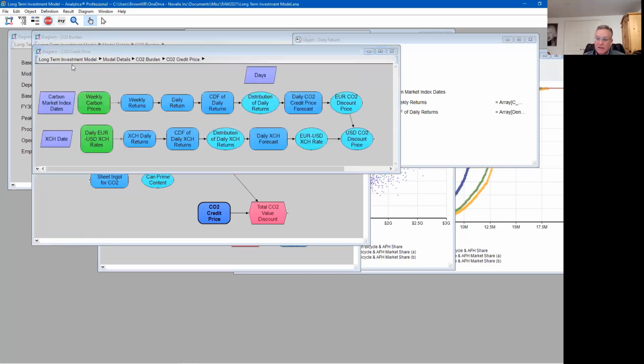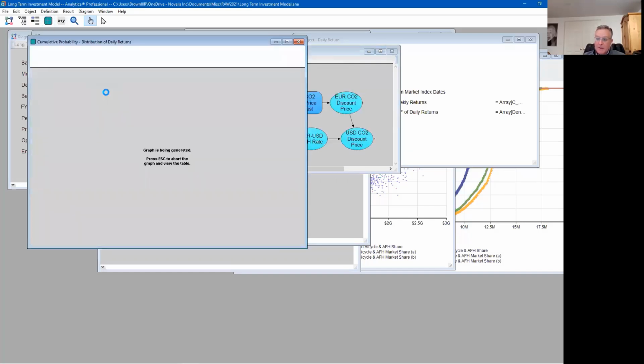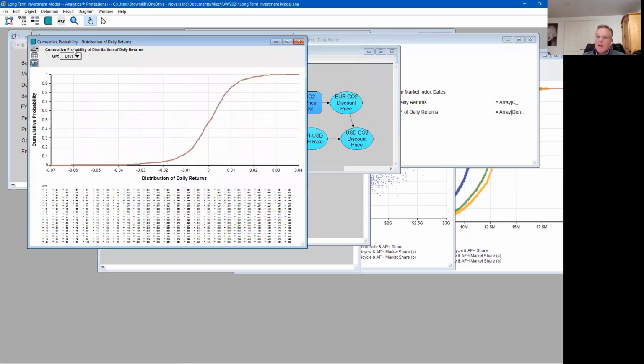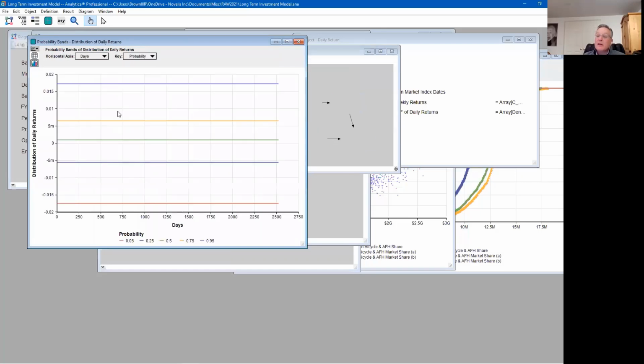So when I run this, and I'll put this into probability bands over time, that gives me the volatilities over a period of about 10 years.